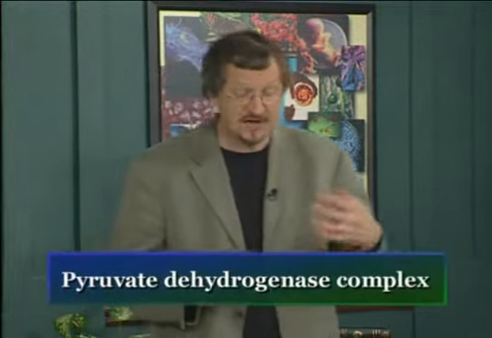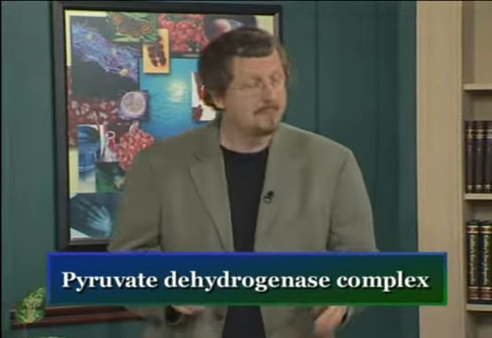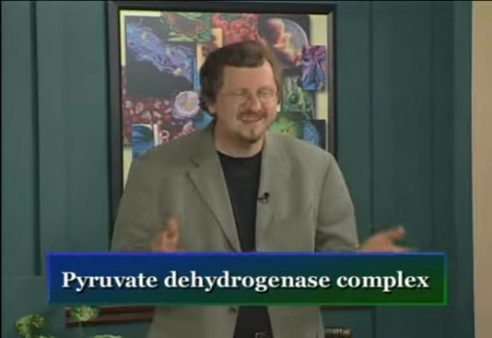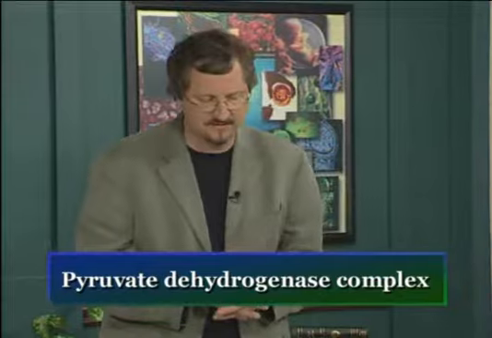This reaction is catalyzed by a huge multi-enzyme complex located on the inside of the mitochondrion. This enzyme complex is collectively known as the pyruvate dehydrogenase complex. Pyruvate dehydrogenase is truly huge. It's made up of about 60 separate protein subunits.